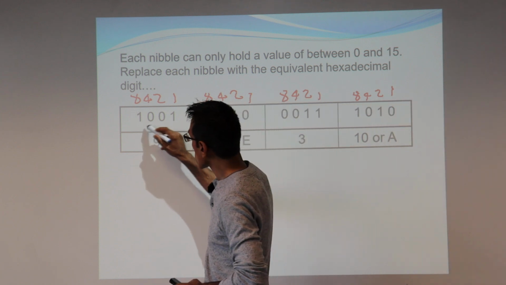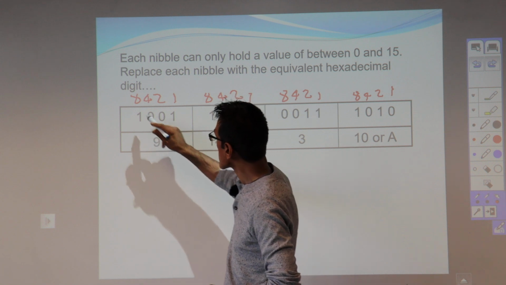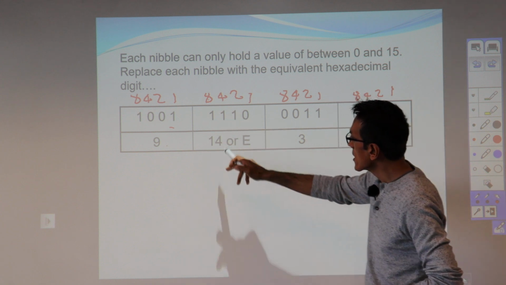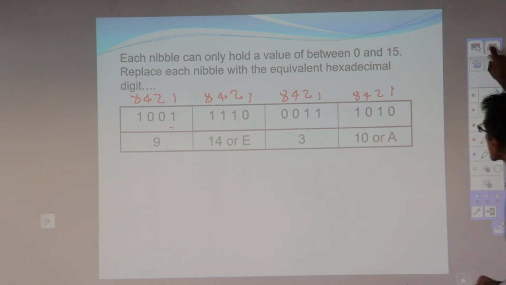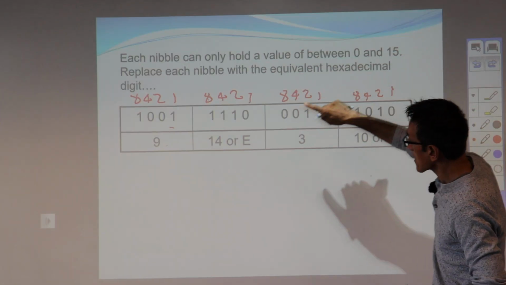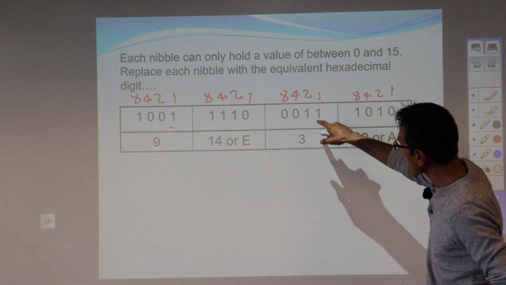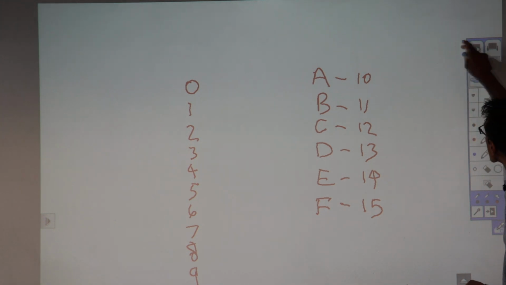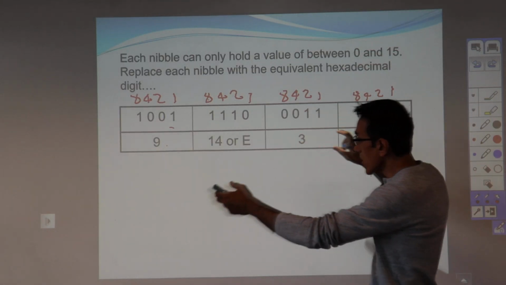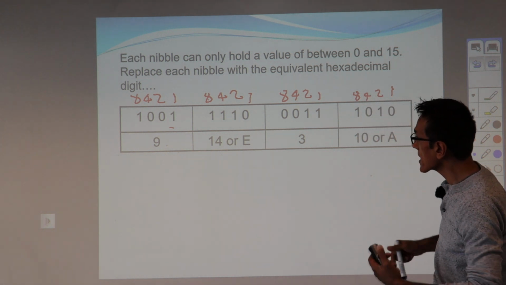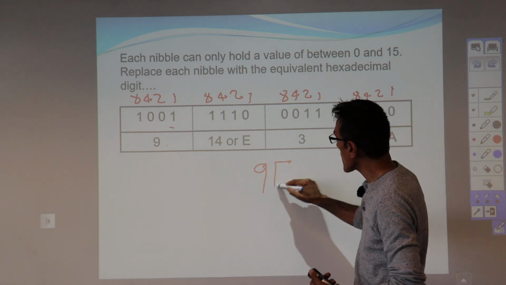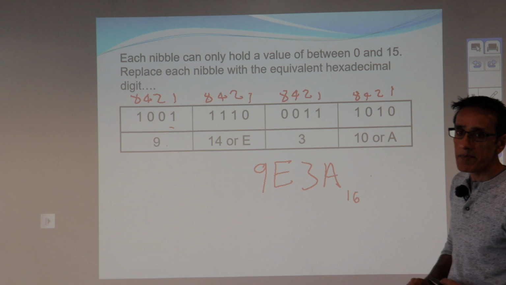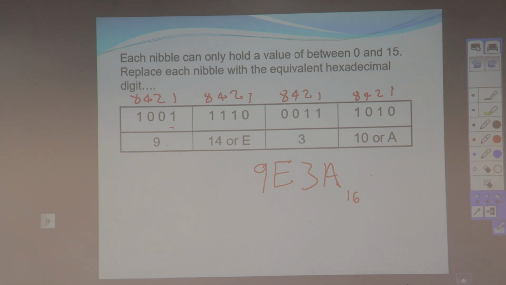So these four bits, in other words, this nibble, is 8 plus 1, which is a 9. The next nibble is 8 plus 4 plus 2, which is 14. 14 is E. The next one is 2 plus 1, which is 3. 8 plus 2 is 10. 10 is A. So this long binary number is represented by the hex number 9E3A with a small 16 at the bottom to say this is a hex number.